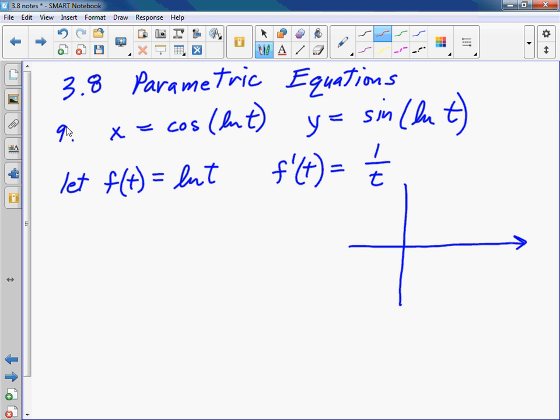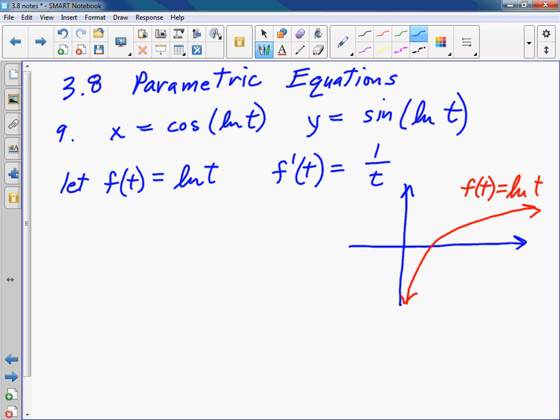If f of t equals the natural log of t, look at its graph. Now think about the slope of the tangent line at any point on this graph. What is its sign? It's positive, and that's important.